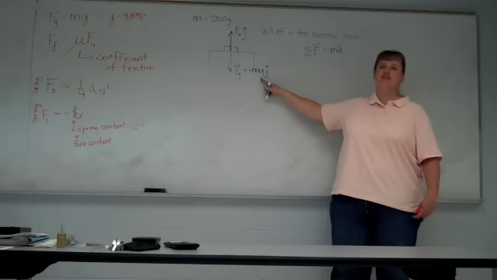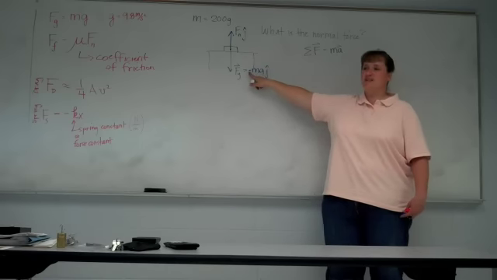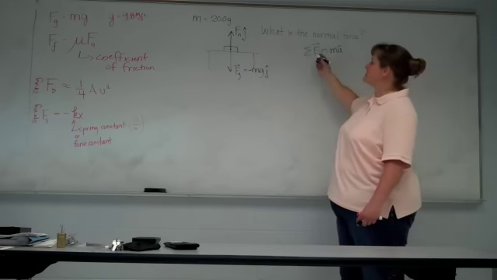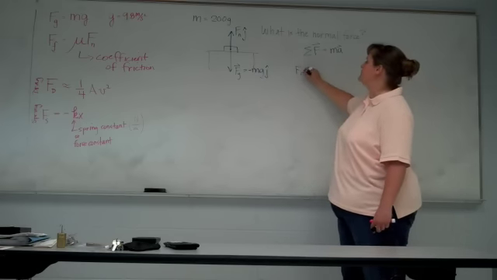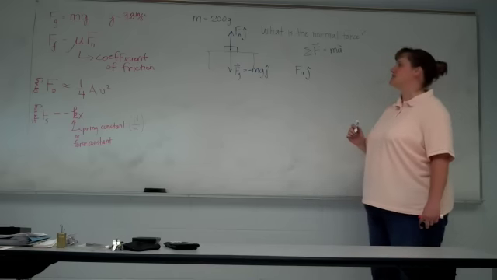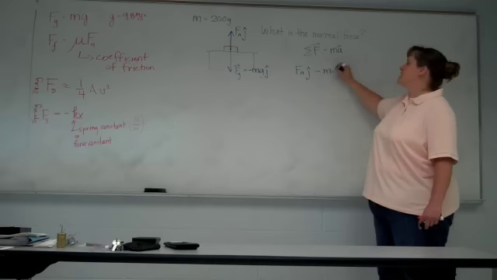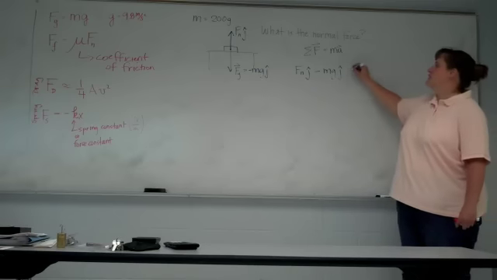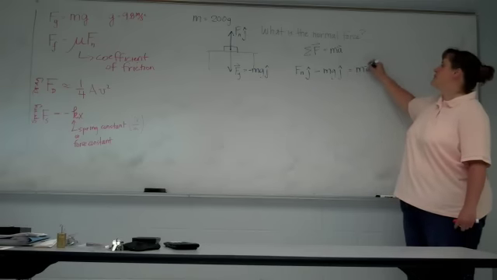Whatever you see little g, always put in positive 9.8. We're going to put the negative signs in ourselves when we write them out as vectors. So what we have is the normal force in the positive j direction minus mg in the j hat direction equals ma.